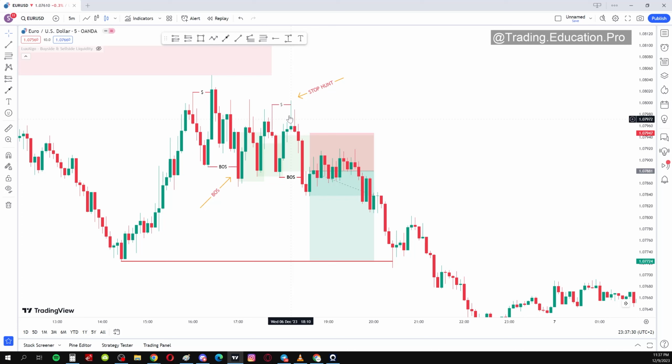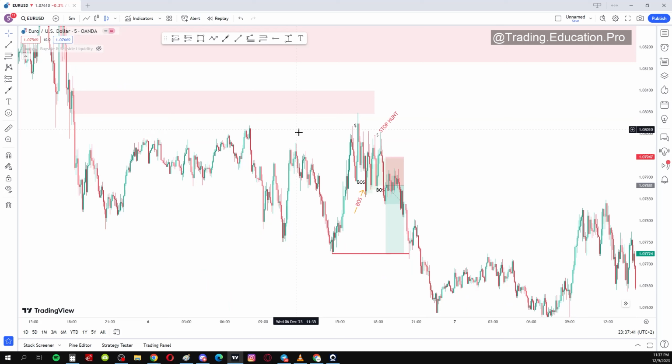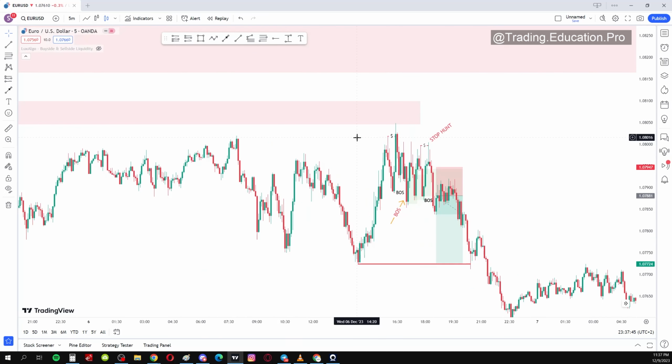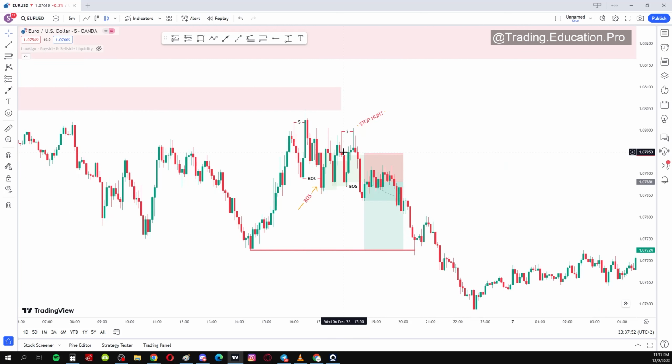And so in this case, as we are bearish already, we are searching for some zones to take a trade from. We have the tap, we have the break, another break, and we have this breaker block.